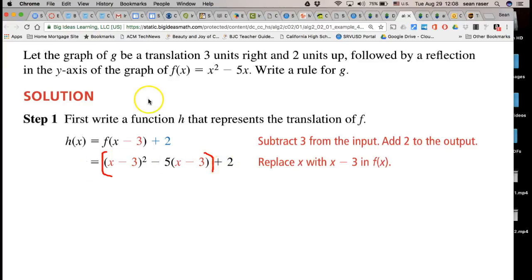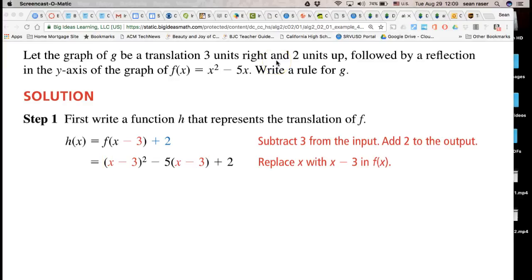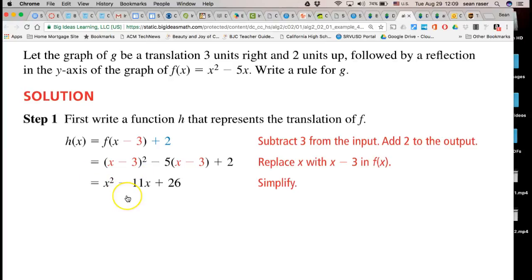So this is the first step, applying our translations. After that, we can simplify this. To simplify, you just take x minus 3 squared, so you FOIL that out. You get x squared minus 6x plus 9.